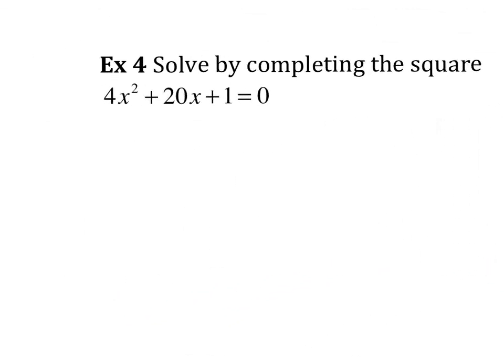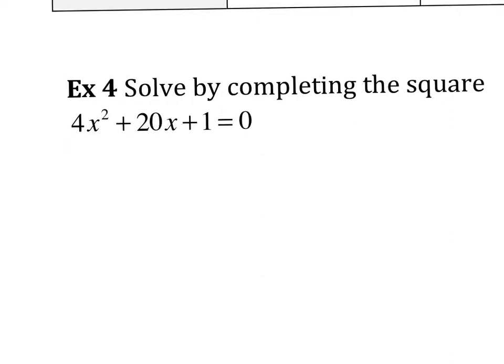So, solve by completing the square. Step number 1, I am going to isolate the constant. In this case, I'm going to subtract 1 from both sides. Number 2, this is the new part that we've not done yet: I am going to get rid of the a there, because it's not a 1, by dividing everything by a.